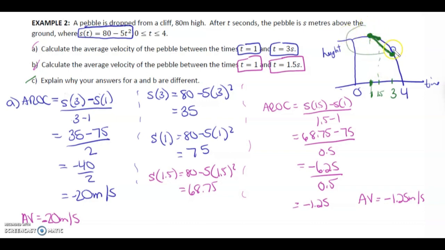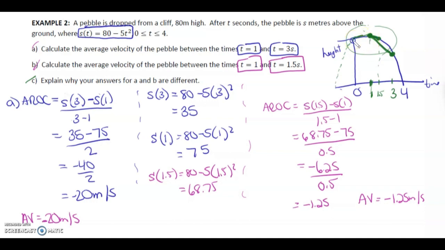Also, when we're talking about a parabola, up here is going to be around the vertex. What that means is like when, say, a ball is thrown, a rocket is launched, or a pebble is dropped, okay? Around here, this is the turnaround point. So for just a second, it was maybe traveling upward, okay?